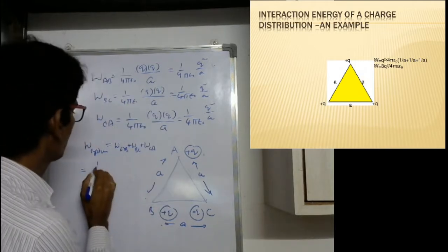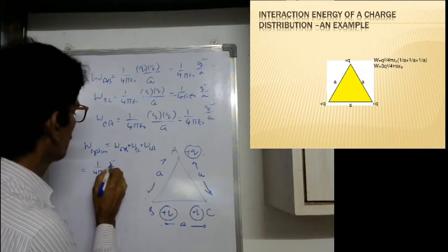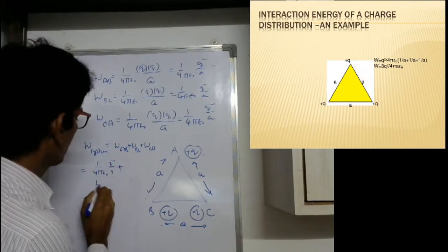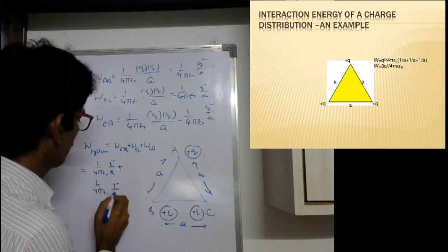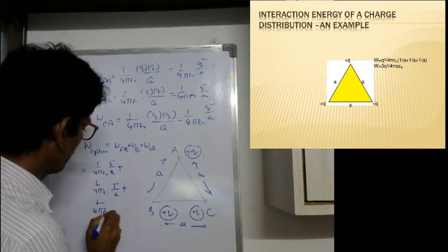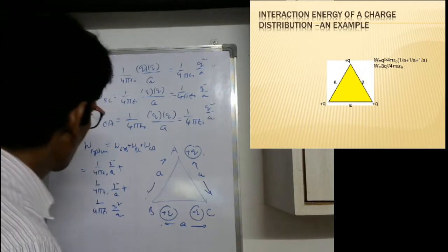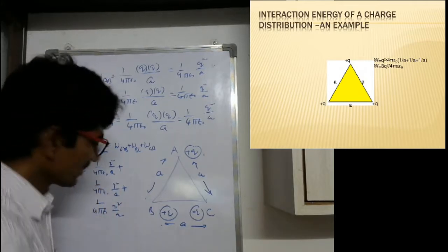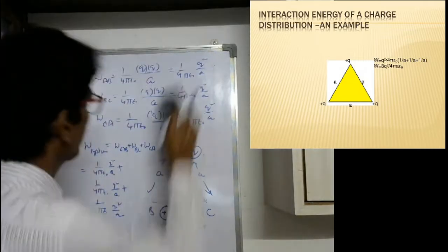Then you get 1 by 4 pi epsilon naught q square by a, plus 1 by 4 pi epsilon naught q square by a, plus 1 by 4 pi epsilon naught q square by a. So what is the total expression for W system, the total interaction energy of the system?